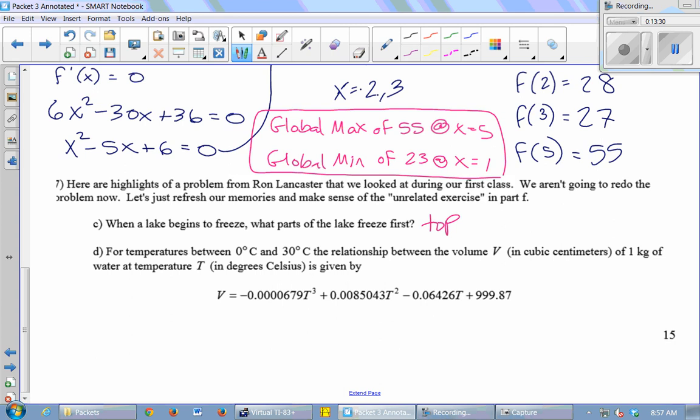So the volume of water changes as temperature changes, which means its density changes. And so basically, there was this magic temperature that made water float to the surface so that it could freeze at the top. Does this sound familiar? Okay. So the volume of water at a given temperature is given by this cubic function.